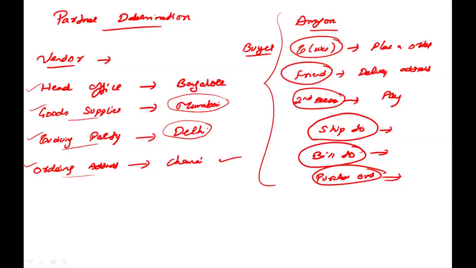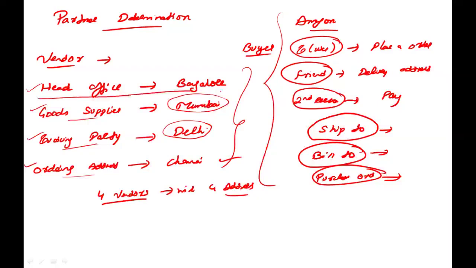If you want this scenario, then you need to create 4 different vendors with 4 addresses. Create one vendor with the head office address and assign the other 3 vendors under that, saying that these 3 vendors are also part of this vendor.